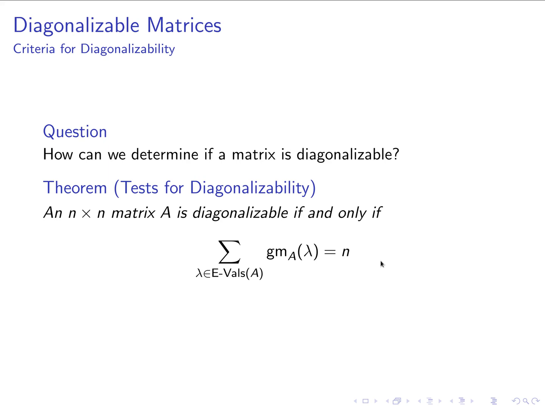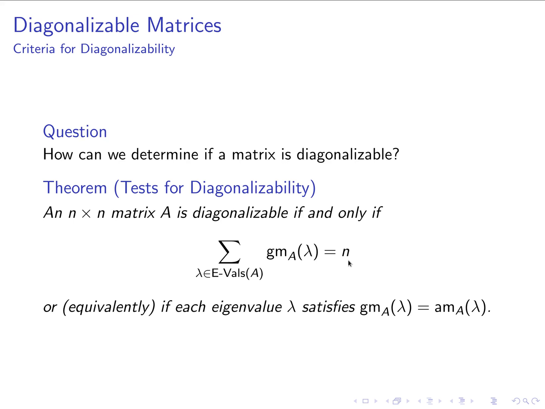It turns out that being diagonalizable is the same property as being able to sum all of the geometric multiplicities of the eigenvalues for a matrix and that number equaling the size of the matrix. So we can test whether or not a matrix is diagonalizable by finding all of the eigenvalues, summing all of the geometric multiplicities, and checking that that number is equal to the size of the matrix.